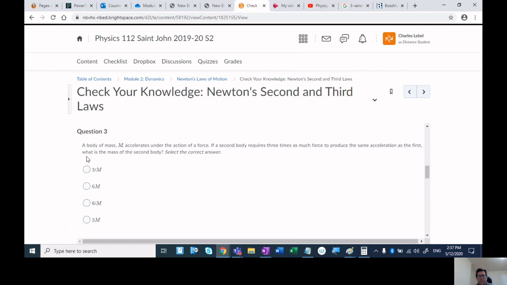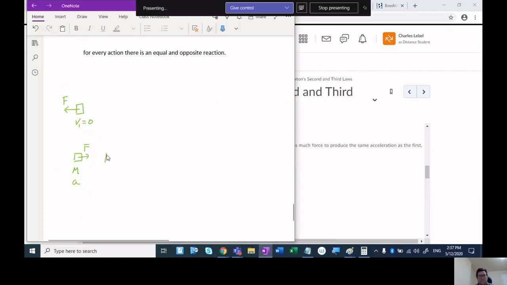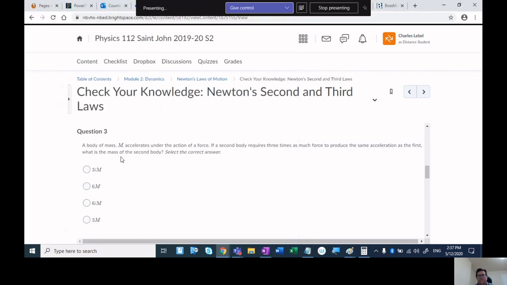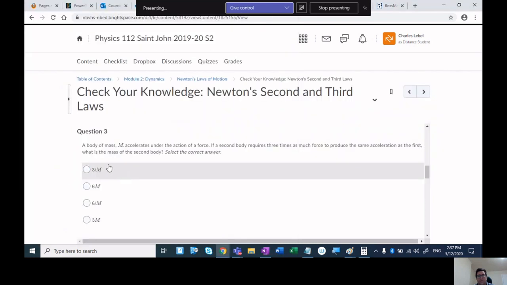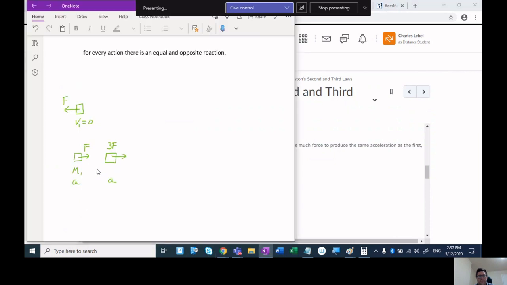If a second body requires 3 times as much force to produce the same acceleration as the first, what is the mass of the second body? So we'll call it M1 and M2.